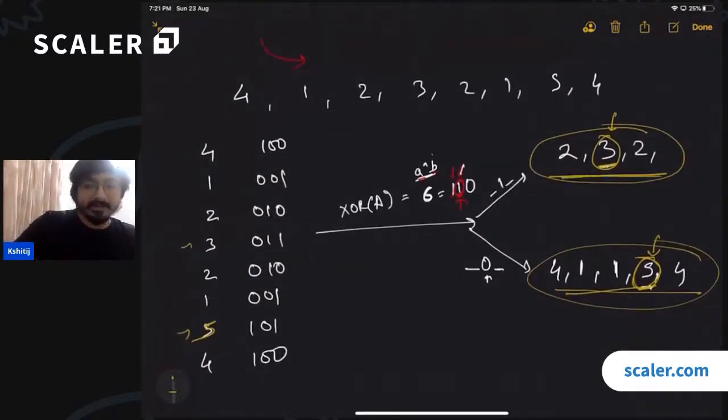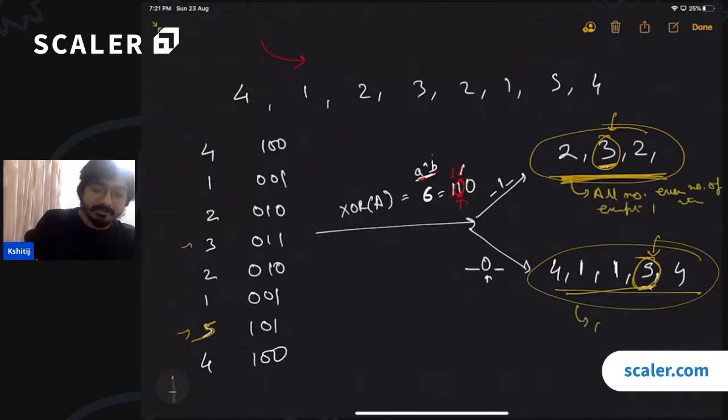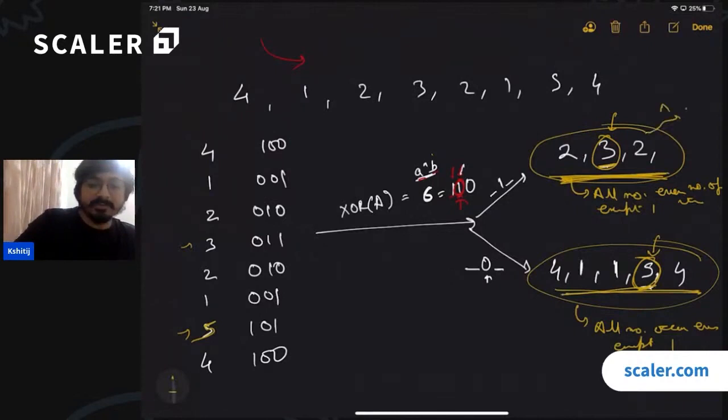In this part, all the numbers occur an even number of times except one. In this part also all the numbers occur an even number of times except one. So what we have to do, take the XOR of all these numbers, take the XOR of all these numbers. What will be the XOR of all these numbers? The XOR of all these numbers will give you 3. The XOR of all these numbers is going to give you 5.